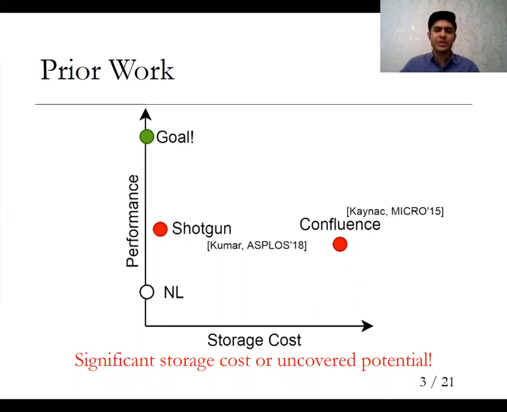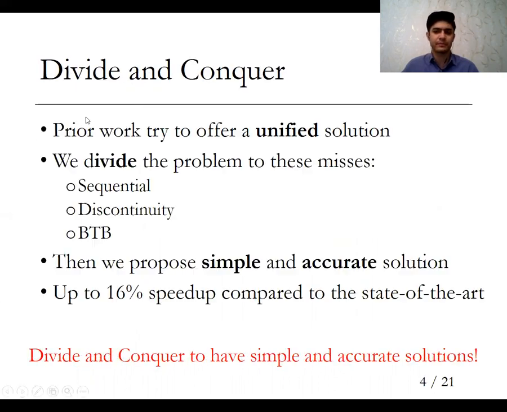Our goal here is a solution for the front-end bottleneck that imposes almost negligible storage cost to the baseline design and at the same time offers the highest possible performance improvement. Prior work has tried to give a unified solution for the front-end bottleneck. In other words, a single algorithm is responsible for covering all types of misses.